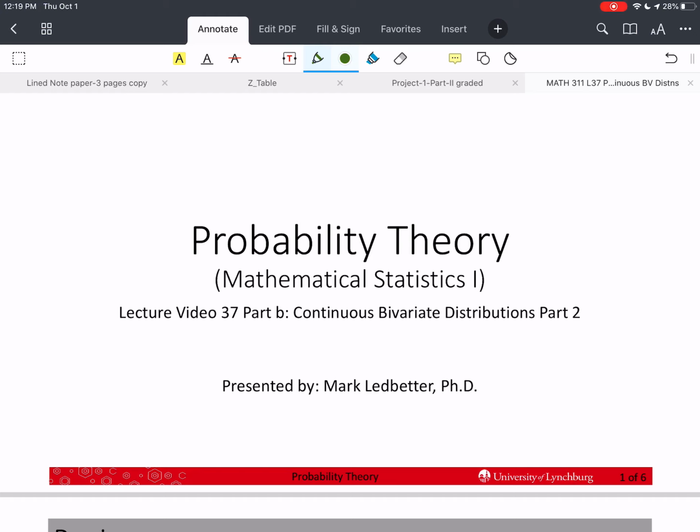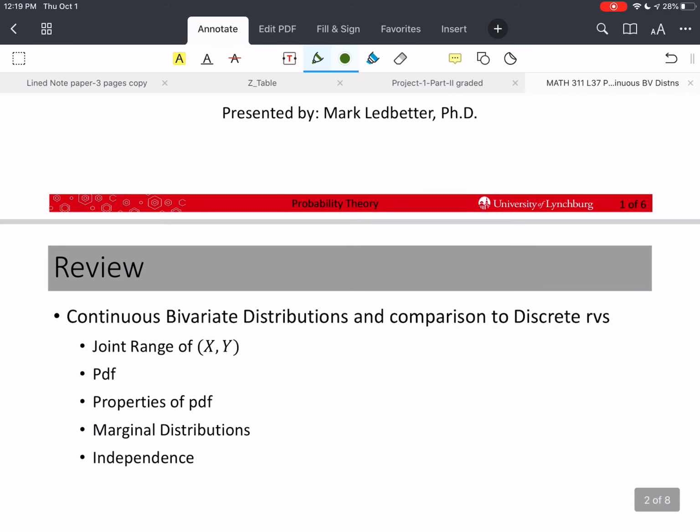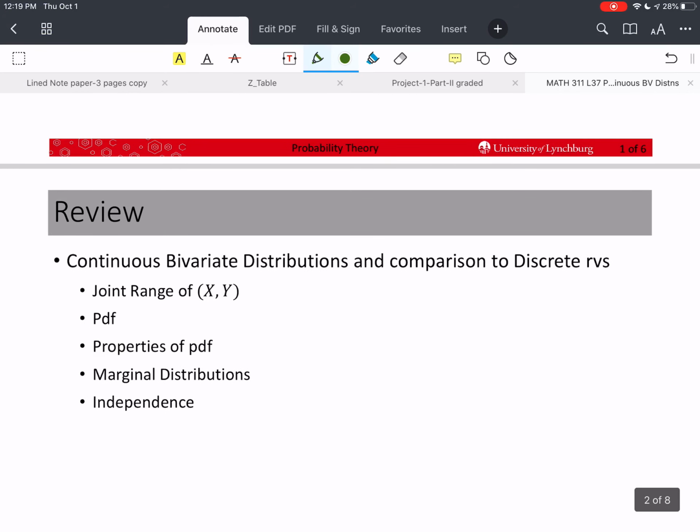We are doing part 2 of continuous bivariate distributions. So last time we introduced the joint range of x and y, and I emphasized that this is extremely important for continuous bivariate distributions because we're using integration, and when you're integrating with double integrals, you have to be very careful about what you're integrating from and to in the correct direction.